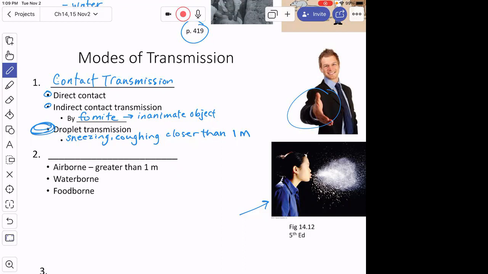Sometimes, though, COVID is considered airborne. So this is considered vehicle transmission. Okay, so air can be a vehicle. So that's when you have really tiny, tiny droplets that stay suspended for a long period of time.